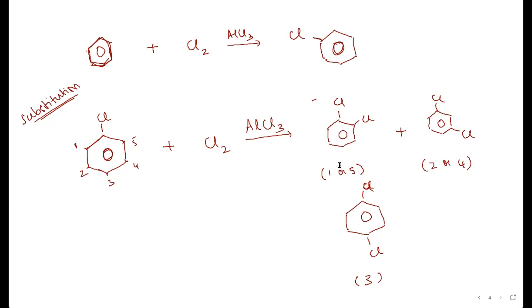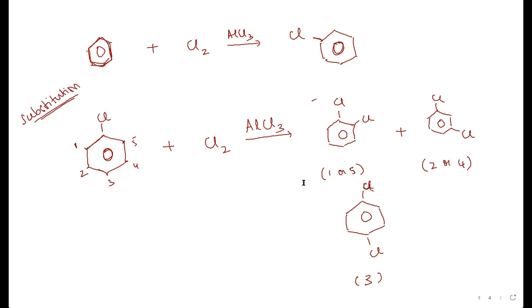So the presence of the functional group affects the electron distribution in the benzene ring. Can you please repeat that?